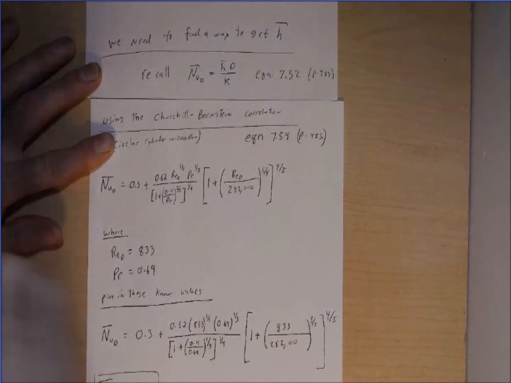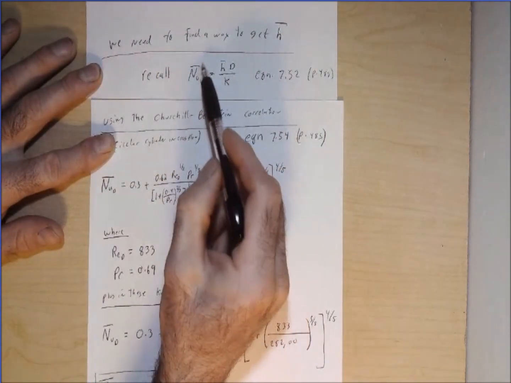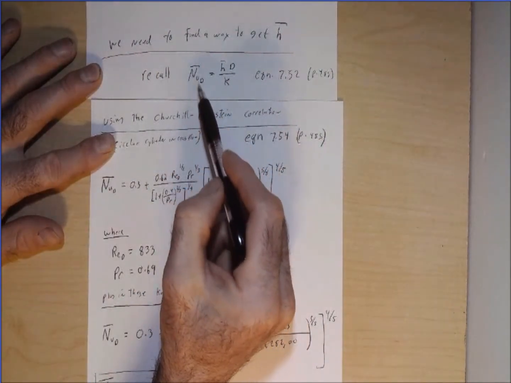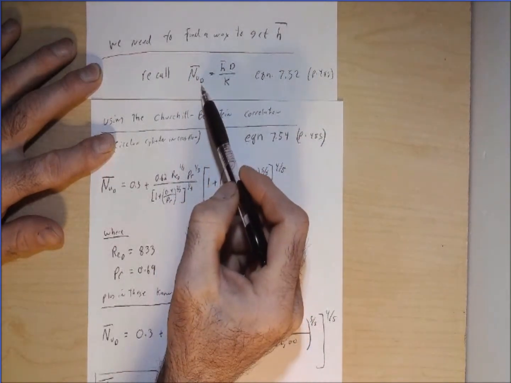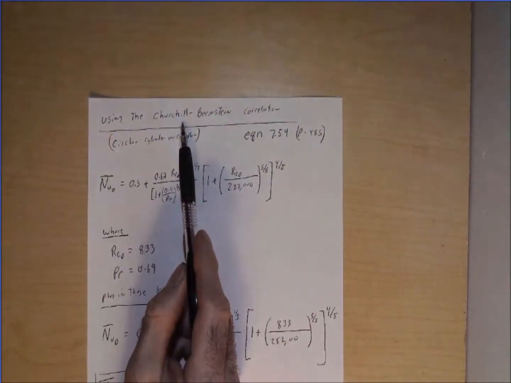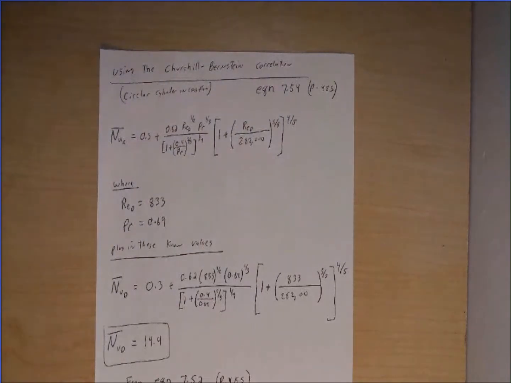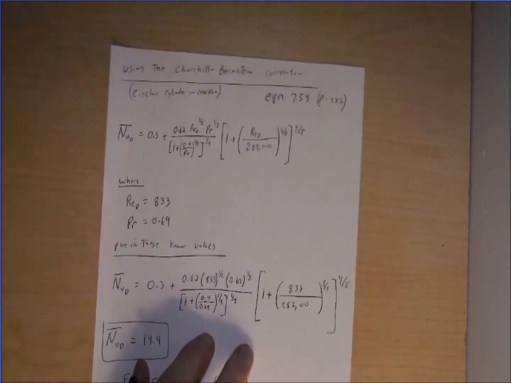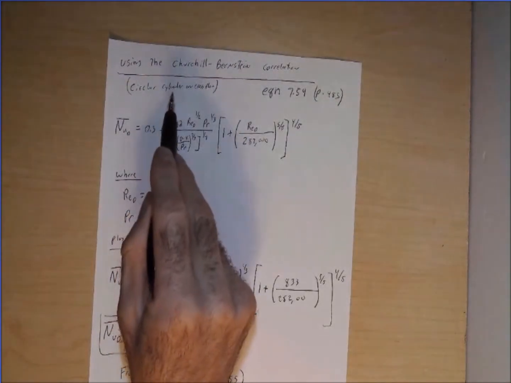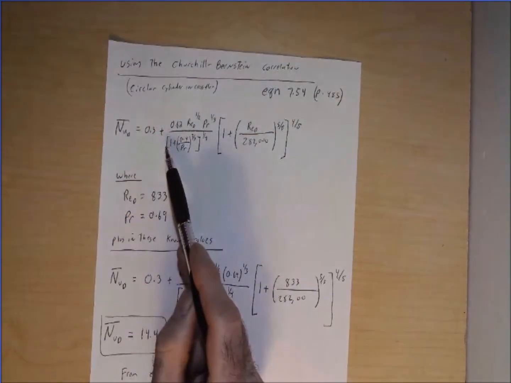So what we realize is that we're going to need a way to find this Nusselt number. In order to get this value, we can use the Churchill-Bernstein correlation, which is equation 7.54 on page 485 of our textbook, for a circular cylinder in crossflow.